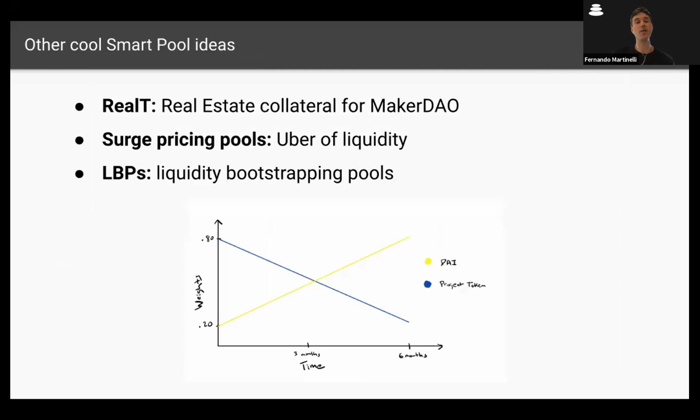Like Realty, I don't know if you heard of Realty, but I think it's also interesting for MakerDAO because we're working with them with the final goal of eventually having real estate tokens or index fund Realty tokens being added as collateral for MakerDAO. And I think we all agree here, at least that's the feeling I have, that the MakerDAO community is going, let's scale MakerDAO by accepting more types of collateral, including real world assets, like things that are tokenized, right?